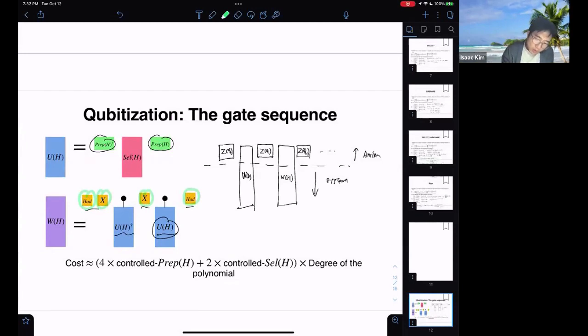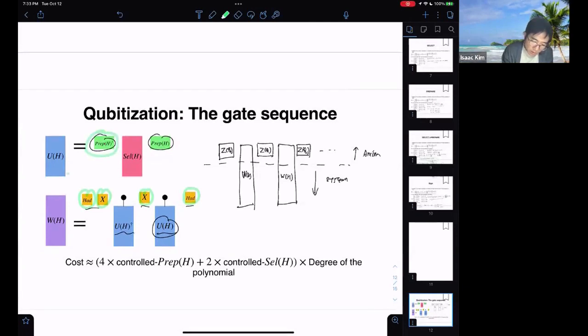And when you apply this, imagine plugging this U of H into this controlled version. In that case, it's not too hard to see that the select operation will be a controlled select operation, controlled on a single qubit, and the prepare operation will just be a controlled prepare operation.